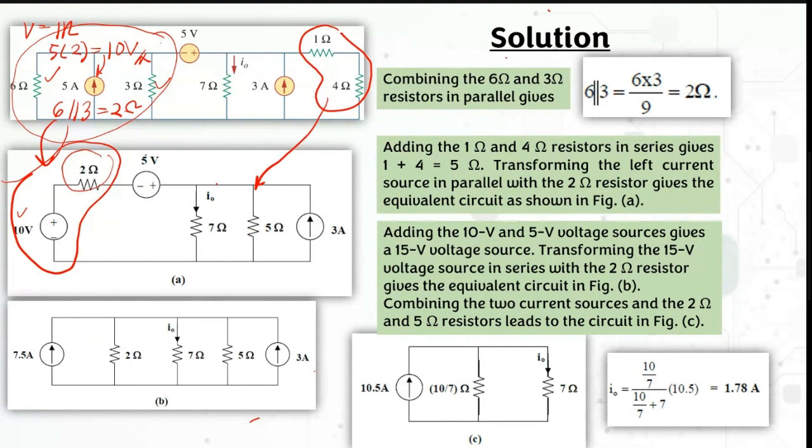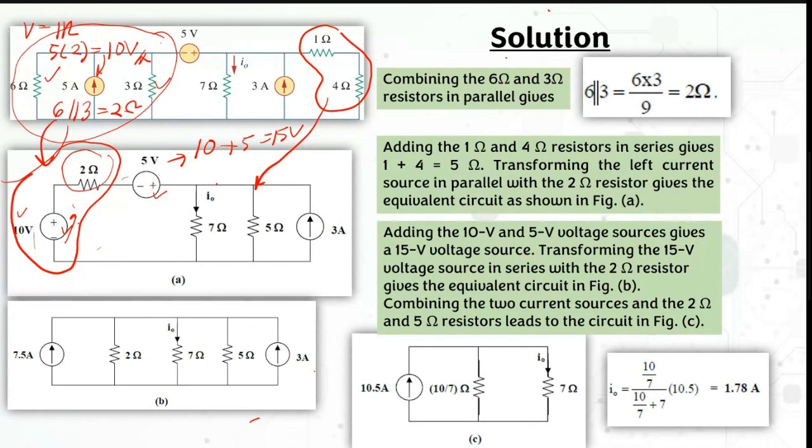Again, look at this part here. You can combine these voltage sources and then transform them into a current source. This is the same direction, so you can combine this voltage source, 10 plus 5, which gives you 15 volts, and you have this 2 ohm.